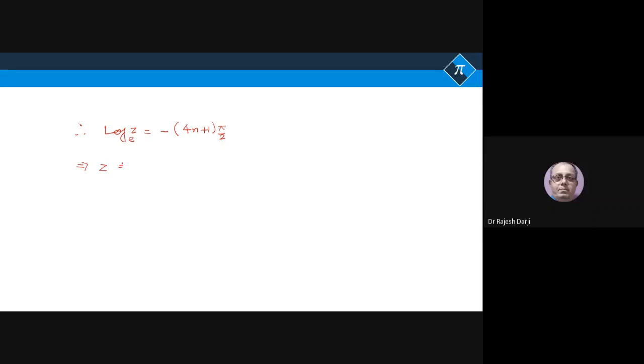So z equal to, now this base is e, so e power minus (4n plus 1) pi by 2 for n belongs to Z. So this result is proved. This was asked for 3 marks.